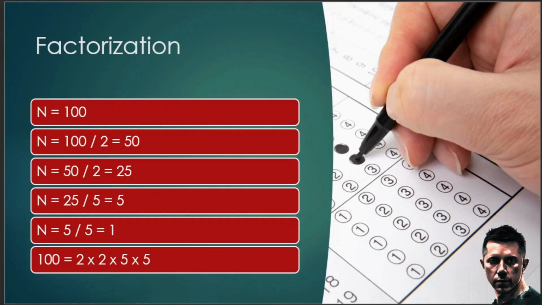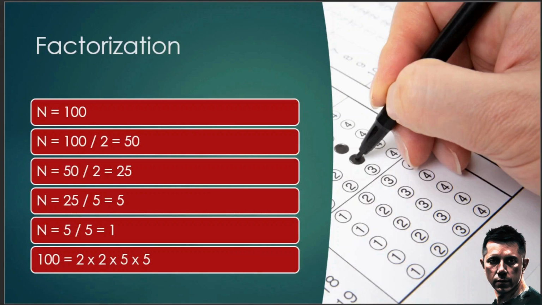So, we get down to 25. We find the next prime factor of 25 and repeat the process of continuous division until we reduce it to 1. This technique makes use of the process that we learned in our early school days of factoring a number. We learned to write 100 in the form of 2 into 2 into 5 into 5.